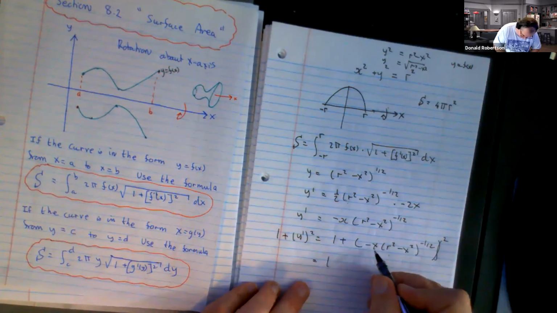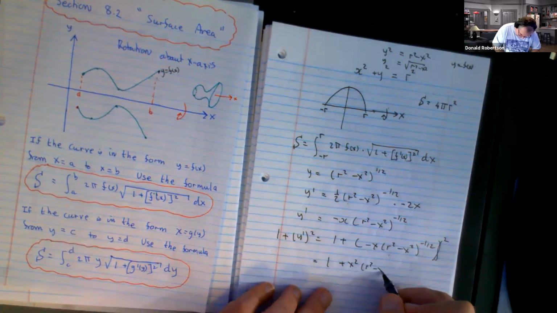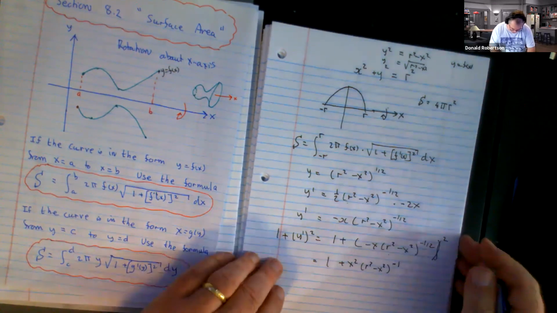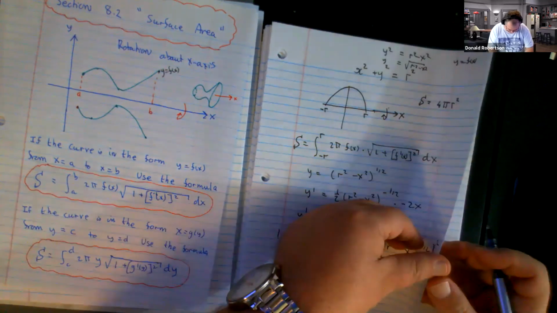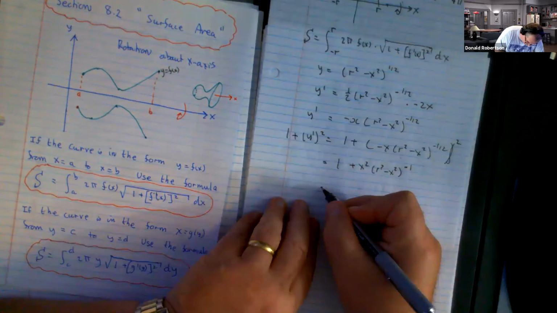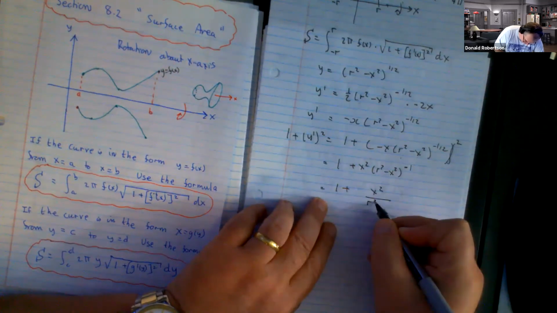Square that guy, you get x squared, and square that guy, and you get negative 1. So I'm going to call this guy 1 plus x squared over r squared take away x squared.